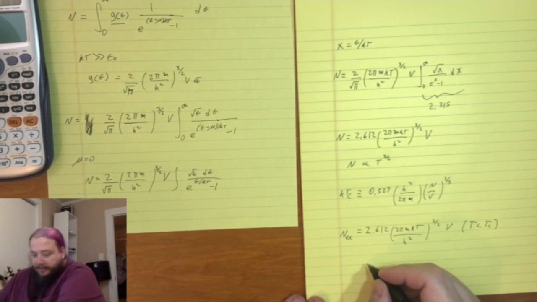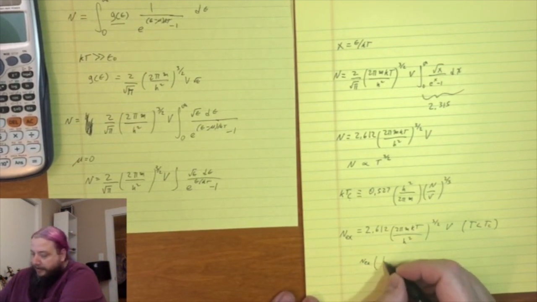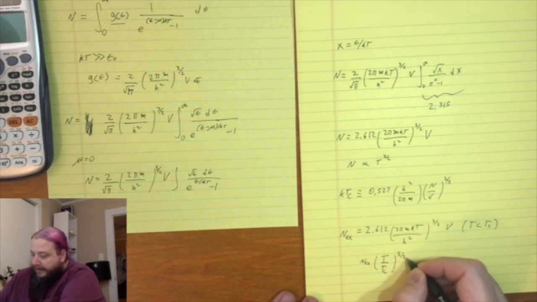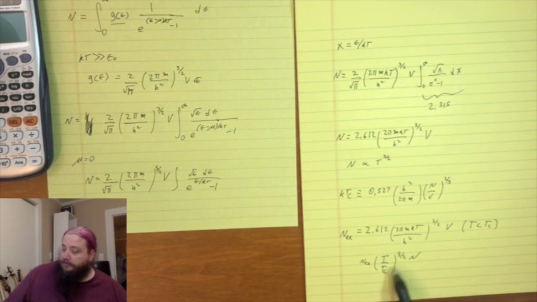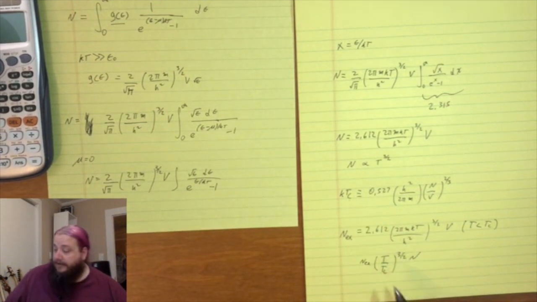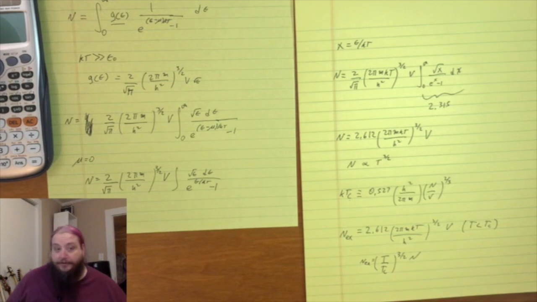In other words, the number of excited particles is T over Tc to the 3/2 times n. So we normalize this to the one temperature we know it works, and then we can calculate it as a scaling relation, because the number of excited particles goes as T to the 3/2.